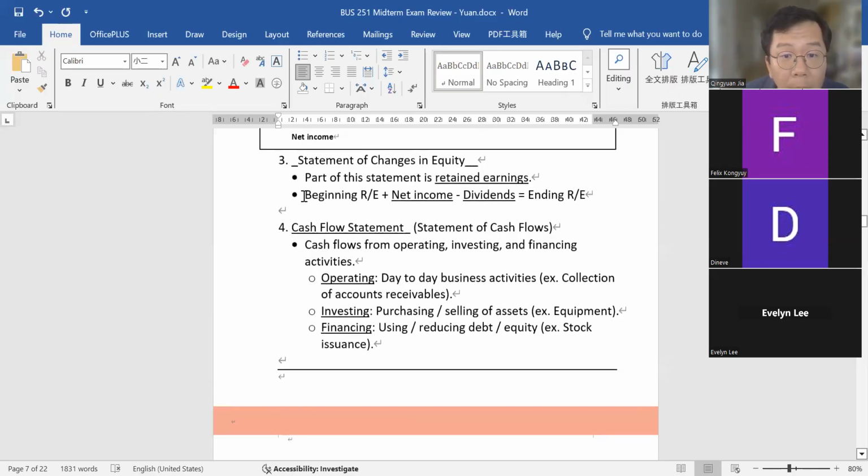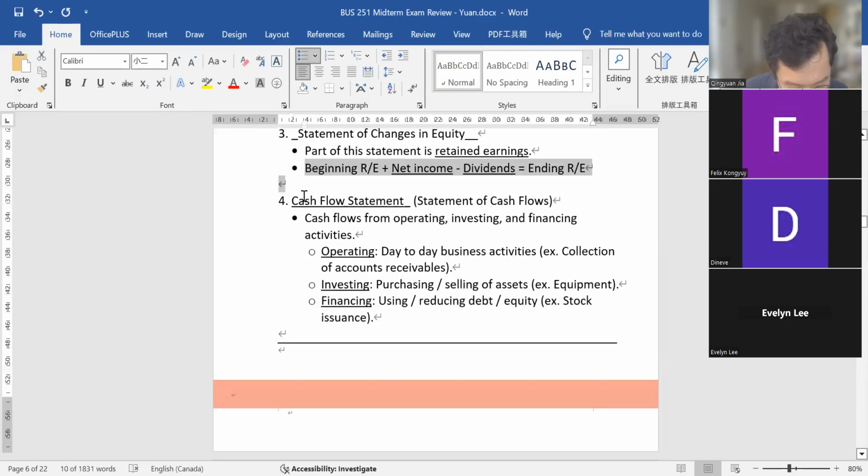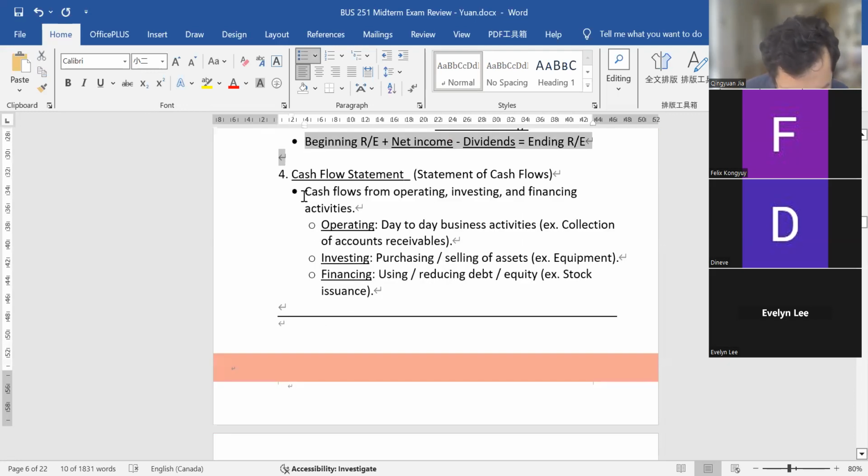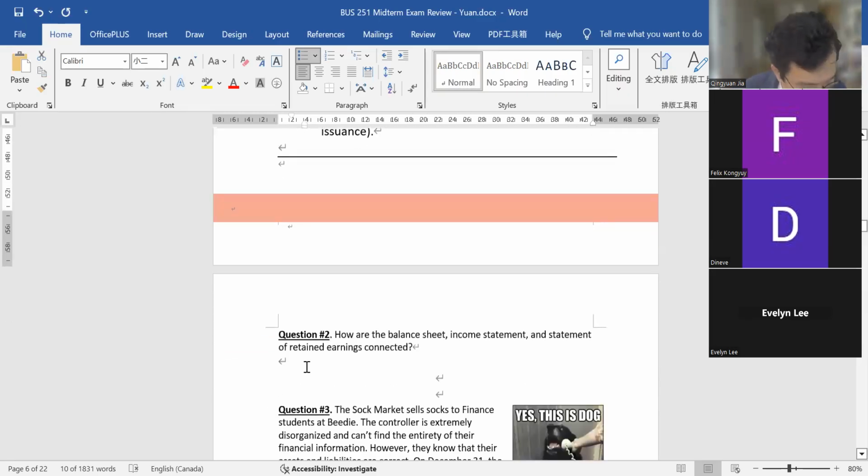So the net income gets added to retained earnings, and retained earnings gets reported on the balance sheet. So the balance.